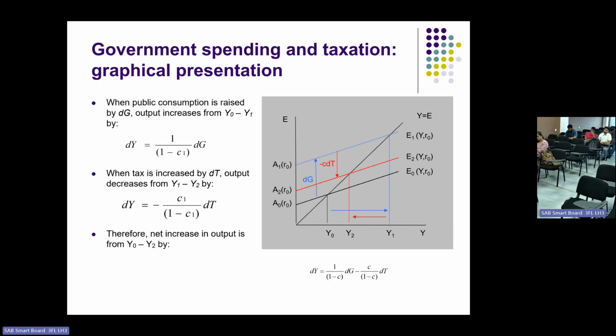Simplify this, cancel out, finally it equals 1. That is the balanced budget multiplier: delta Y over delta B, where delta B is the balanced budget change. So that explains the move from Y0 to Y2.